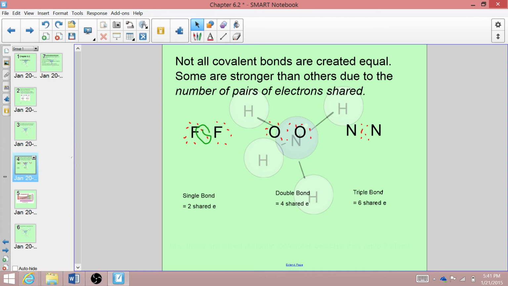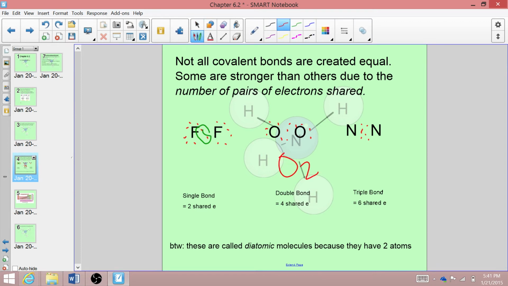Now, playing with the electron dot structures and manipulating the electrons to make sure you have a covalent bond or an ionic bond, and whether it's a single, double, or triple, we'll do a lot of practice with that. By the way, these right here are called diatomic molecules because they have two atoms. And this is how these elements exist in nature. So the oxygen we get out of the air is actually chemical formula O2 because it's two oxygen atoms bonded together by a covalent bond.